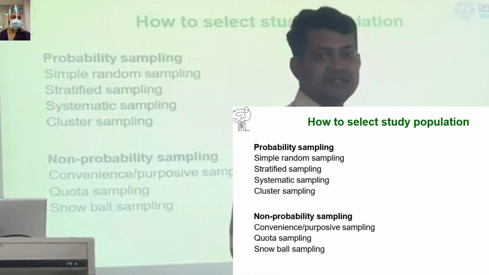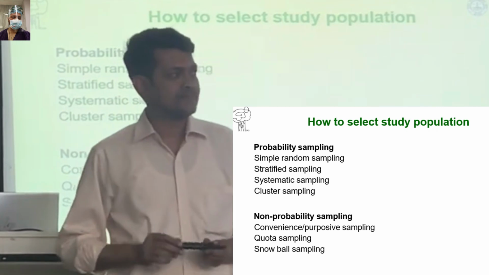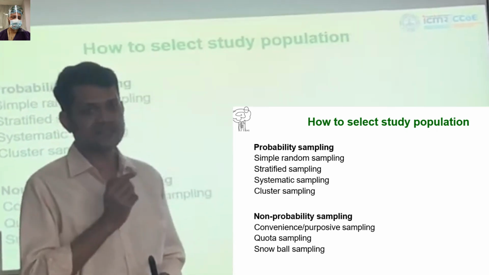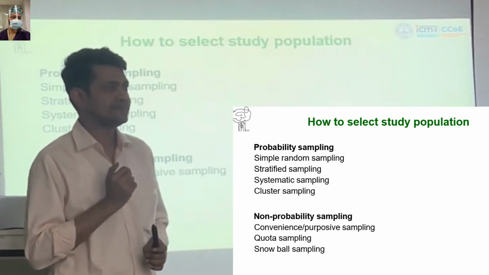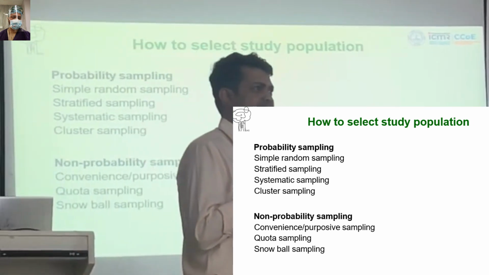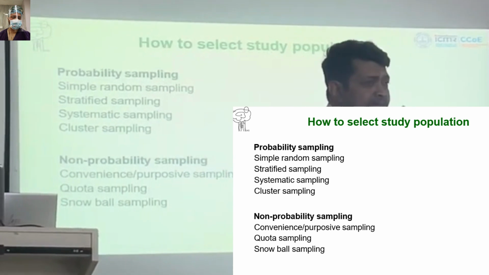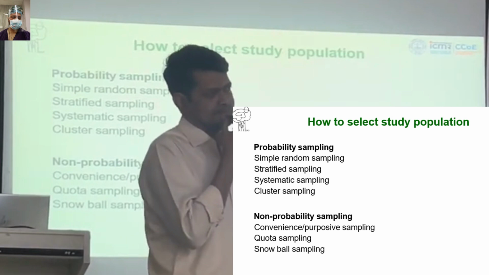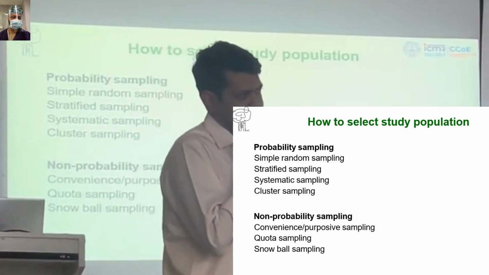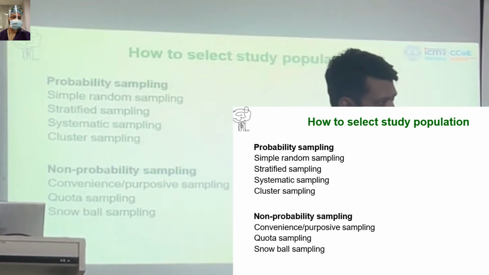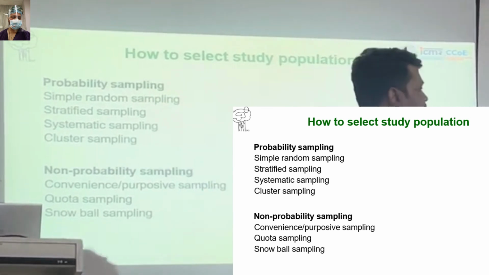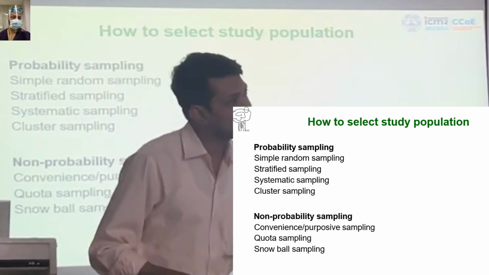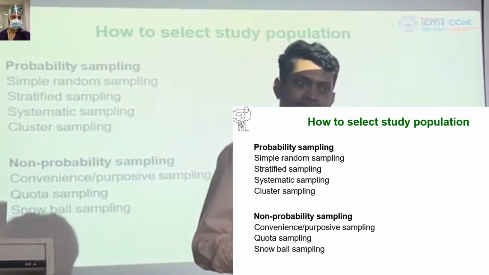When will you do stratified sampling? When you have the risk factor which you want in both groups. Any example? Diabetes. Like, I don't want one group to have no diabetes and the other group to have only diabetes, so it may affect the results. That means you will stratify them by diabetes and non-diabetes, and then you will do simple random sampling.